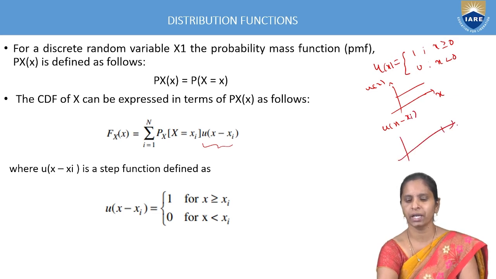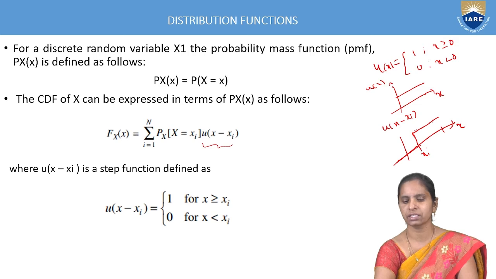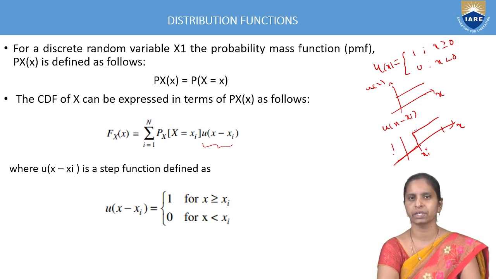It is delayed by how many units? By x_i units. So, how can you define u of x minus x_i? It is equal to 1 when x is greater than or equal to x_i and 0 when x is less than x_i. So, when x is less than x_i, it is 0, and when x is greater than or equal to x_i, the value is 1.